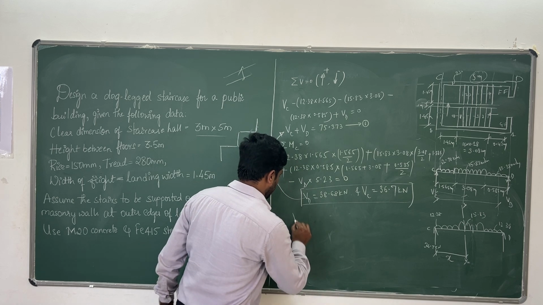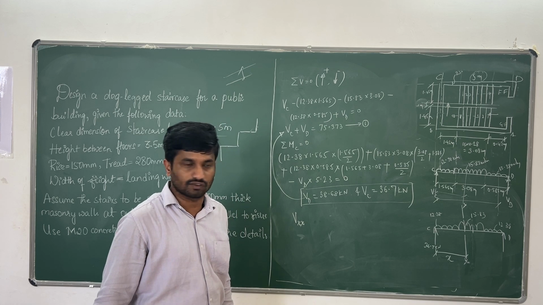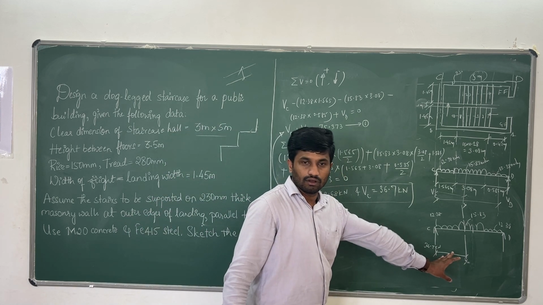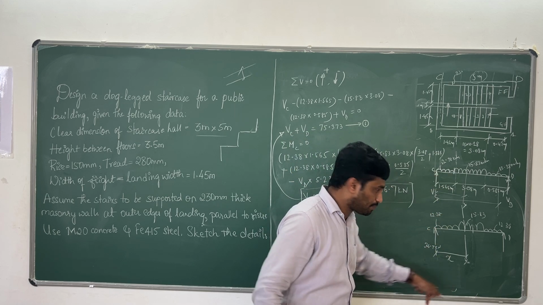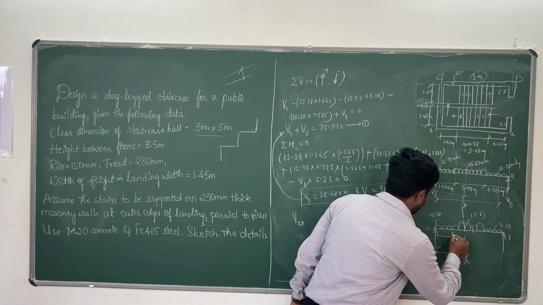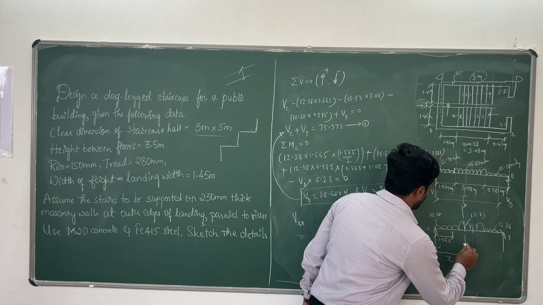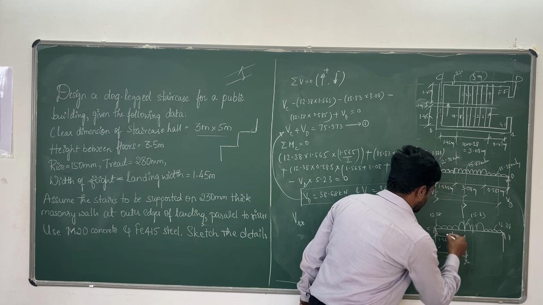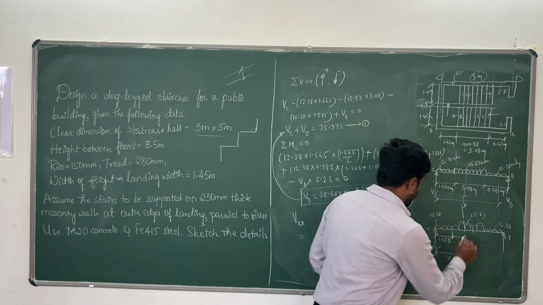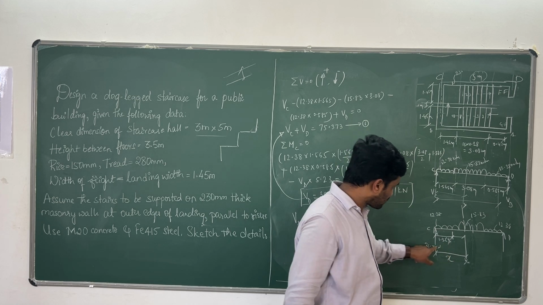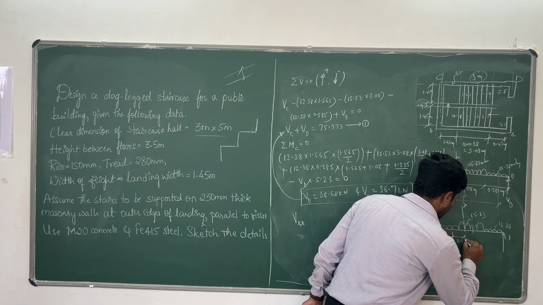Now, if you take Vxx, shear force at xx, how many loads are there here? 36.7 upward. Next 12.38 multiplied by distance. This distance is 1.565, and this distance is x minus 1.565.